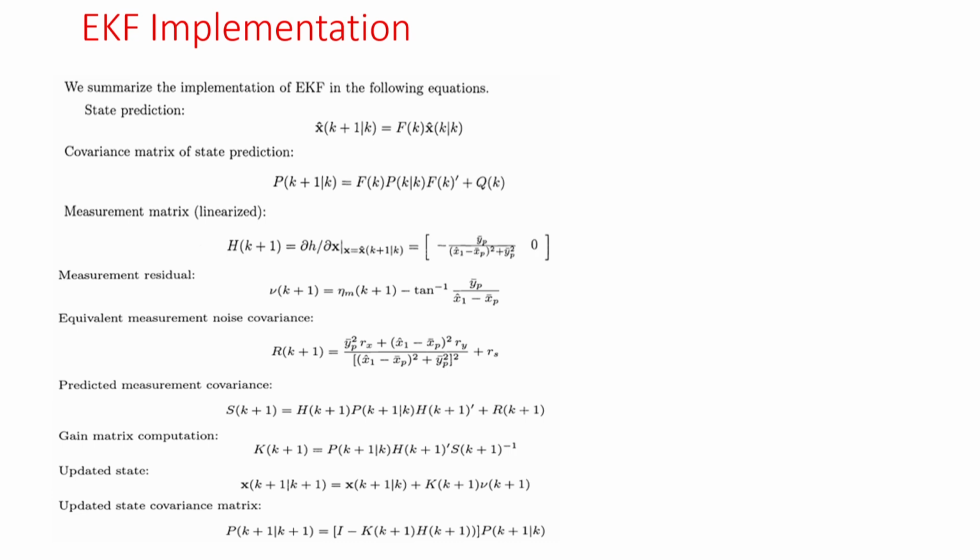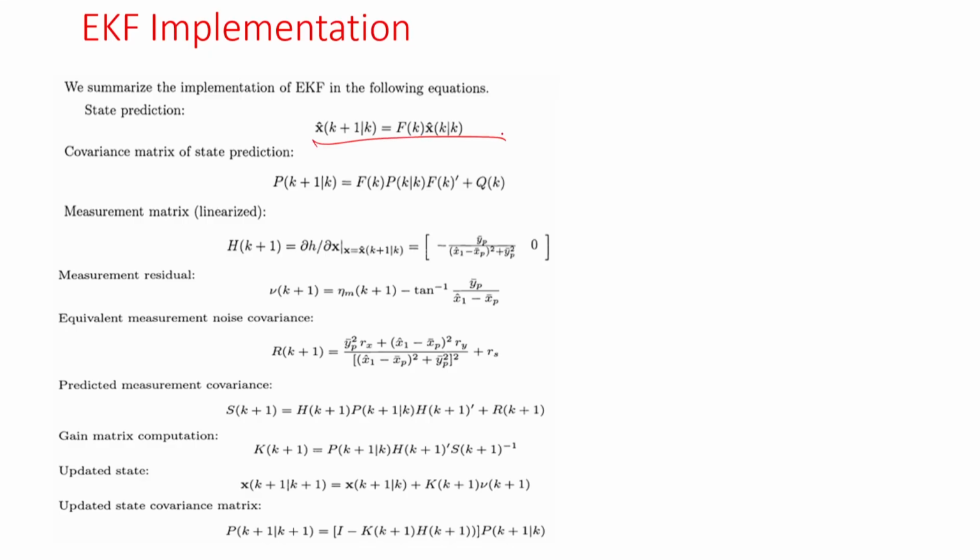With this, now we try to implement an EKF. EKF, what we do? I already told you about EKF. In EKF you have to linearize your measurement, because your state model is linear and the measurement model is nonlinear. So, we have to do that. Okay. How to do that?